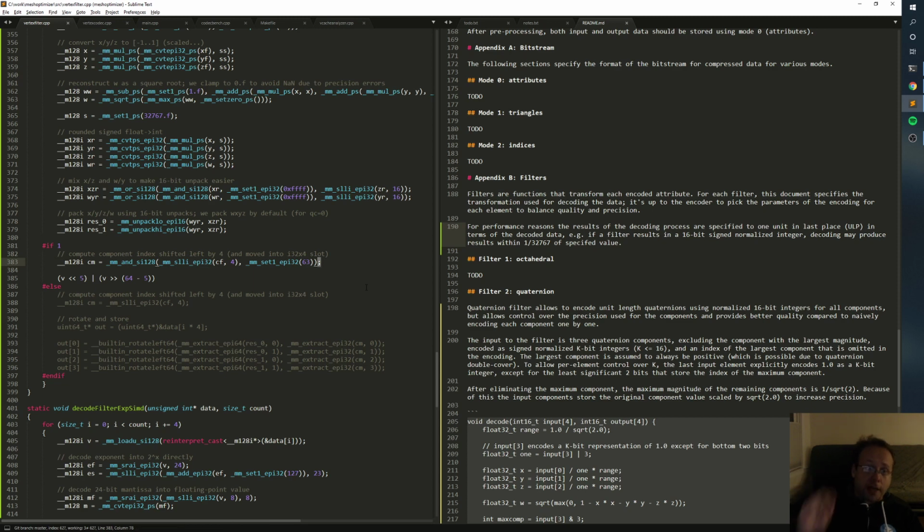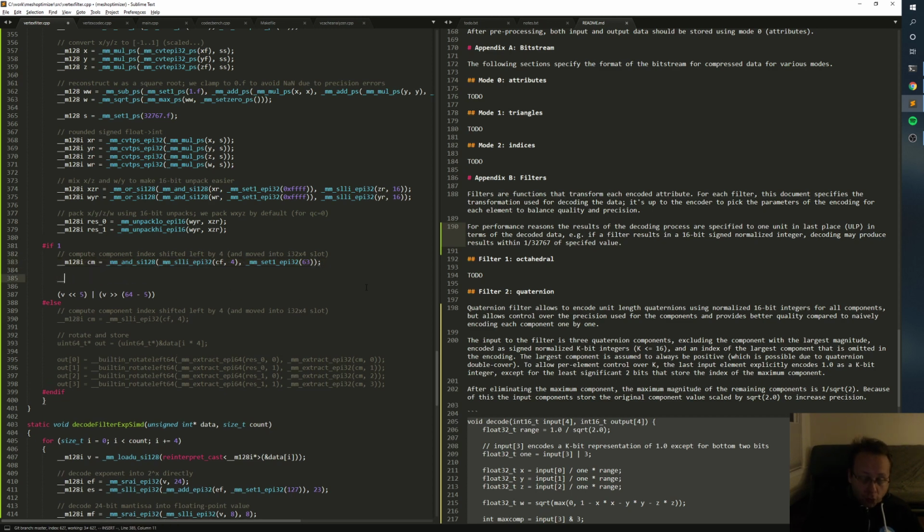To rotate by this value, we need to do this computation. However, we are doing this computation on 64-bit values. And this one is a 32-bit value, and there are 4 32-bit values in the registers. So because of this, we need to spread it out to 2 64-bit values.